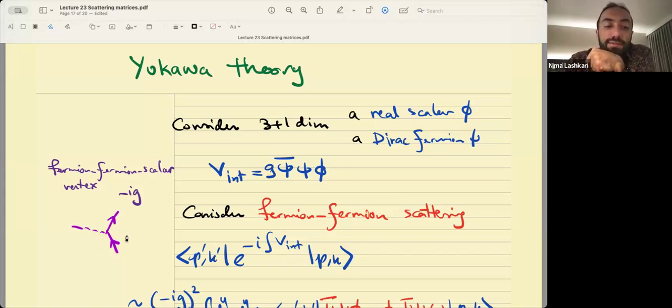This theory has a vertex that couples, that we are going to draw like this. Its value is minus iG. This is the term that corresponds to it in the path integral, in the Feynman diagrams.